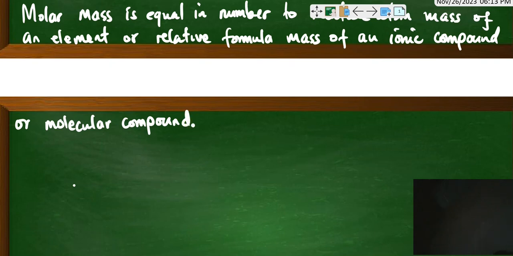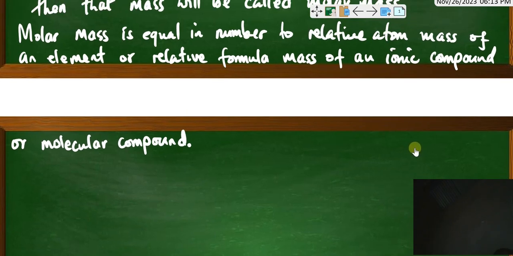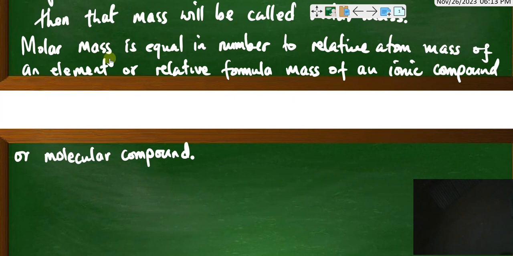So this is very simple to understand. What I'm saying is molar mass is equal in number to relative atomic mass of an element, or relative formula mass of an ionic compound or molecular compound.